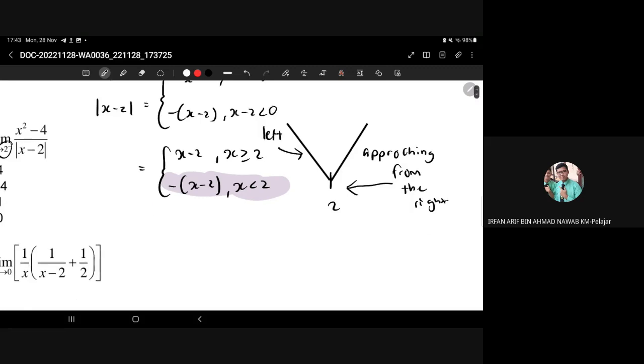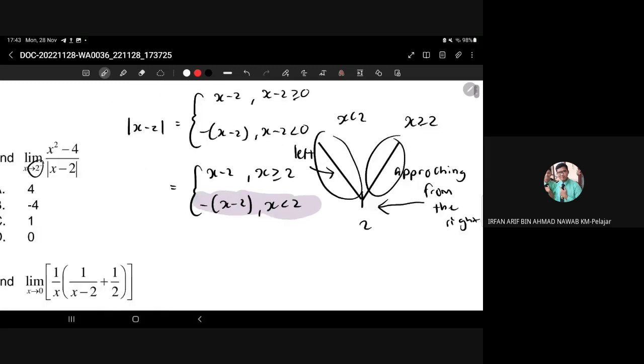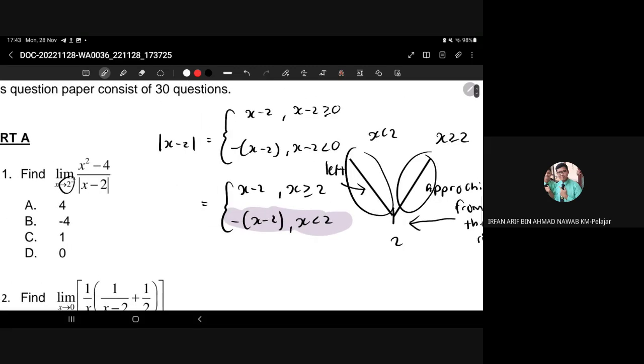This is the domain where x is less than 2, and here is the domain where x is bigger than or equal to 2. Right now, the limit wants us to find where x is approaching from the left. Therefore, we will be evaluating this side. So we will be approaching from the left. Therefore, we will be using negative x minus 2, because it satisfies the limit that we want to find.